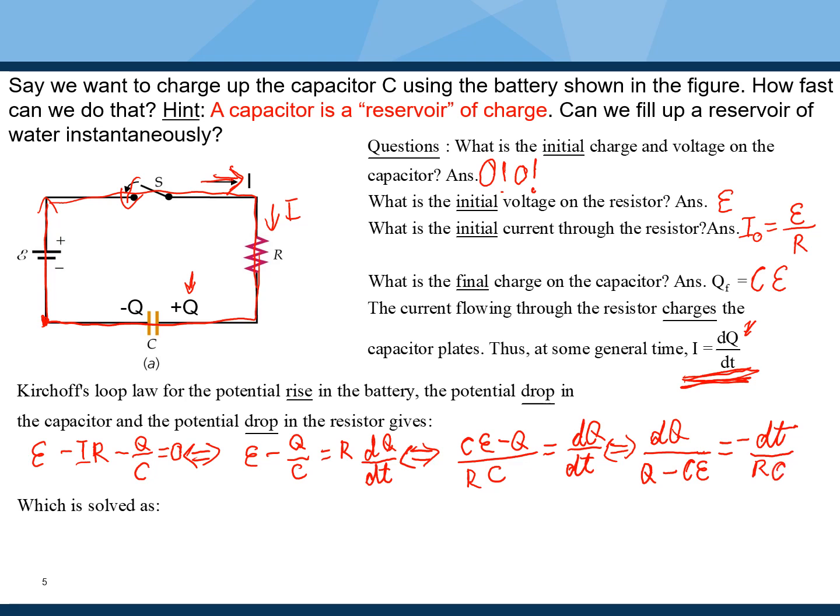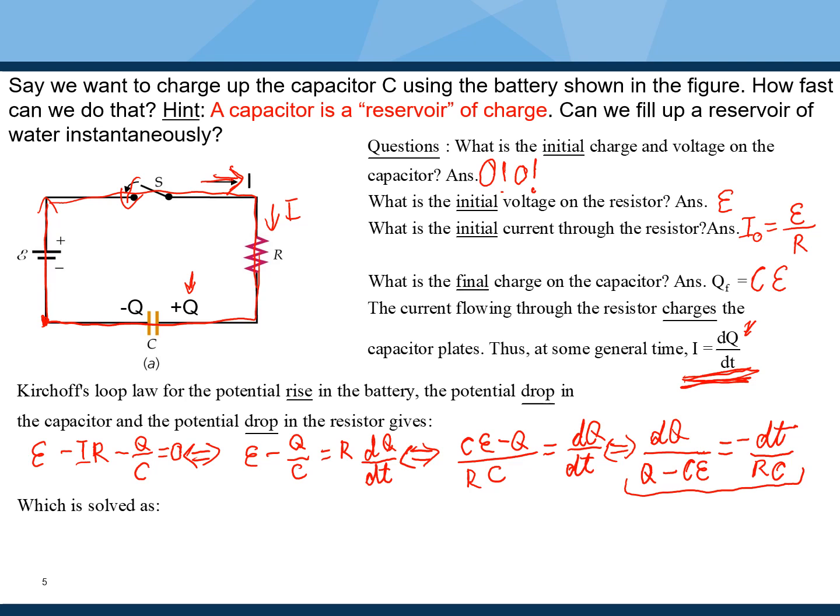Notice that all terms that are associated with Q have been brought to the left-hand side of this equation, and all terms that are associated with the time t have been brought to the right-hand side of this equation. Now the reason for doing that is obvious.